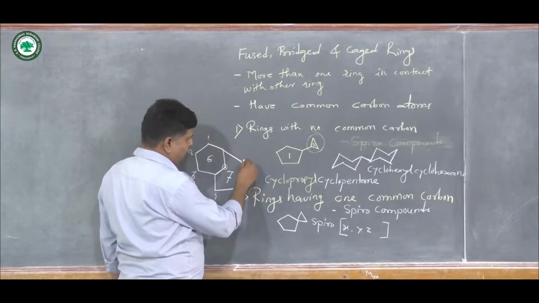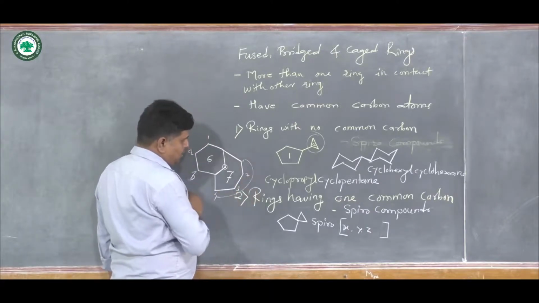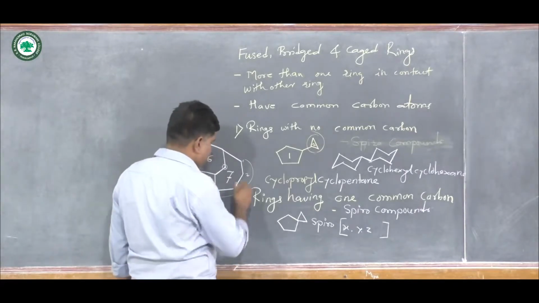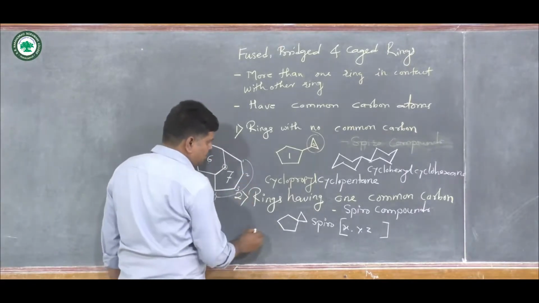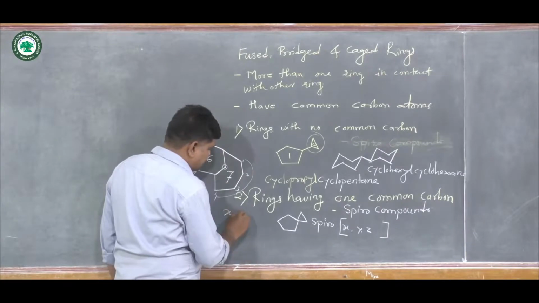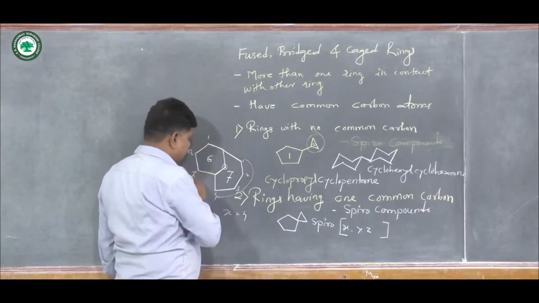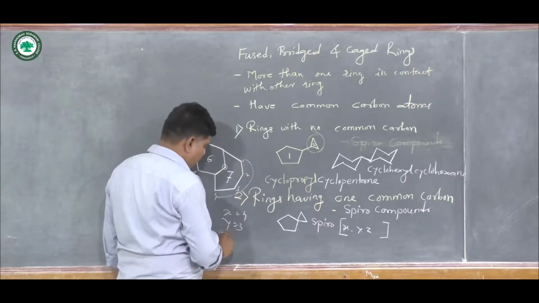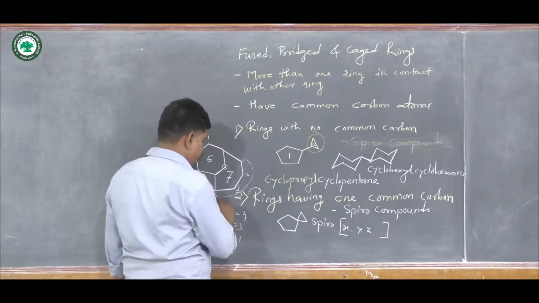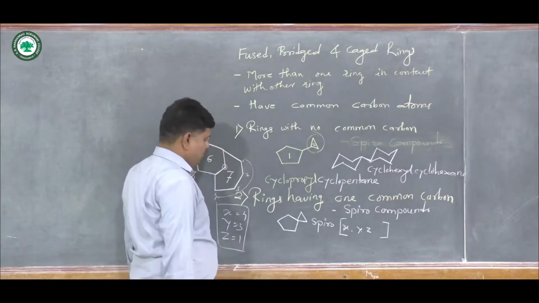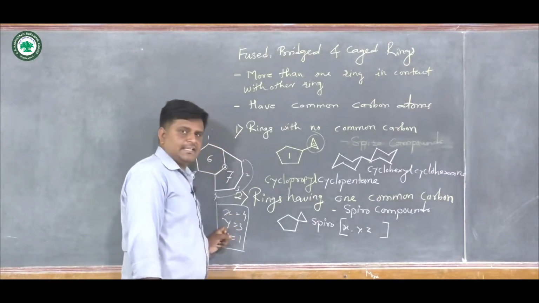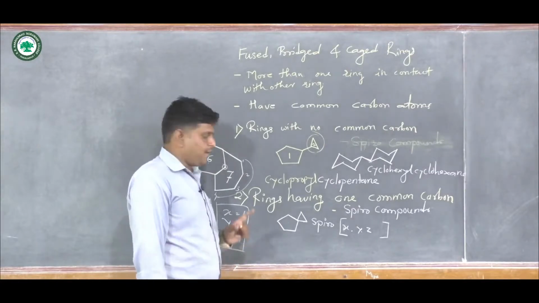X is the ring which contains more uncommon carbon atoms, so X is 4, Y is 3, and Z is 1.